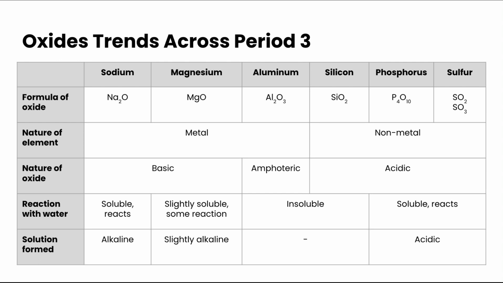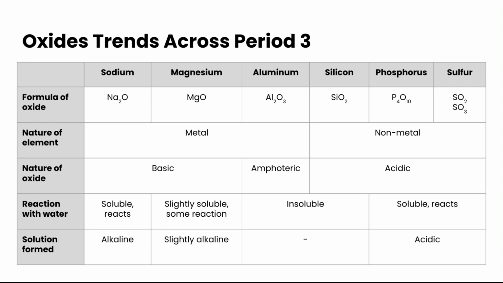And aluminum's kind of weird because aluminum sits right on that dividing line between metals and nonmetals. And so it forms what we call an amphoteric oxide. And really, what that means, and we'll come back to this term later on in another video, is that it's going to have properties of both a basic and an acidic oxide.